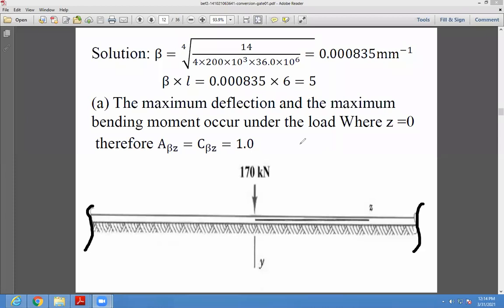Please draw this diagram. Diagram is over. Yes, sir.